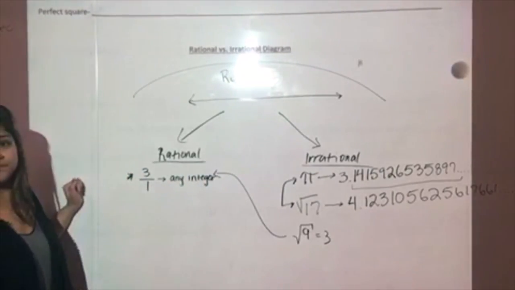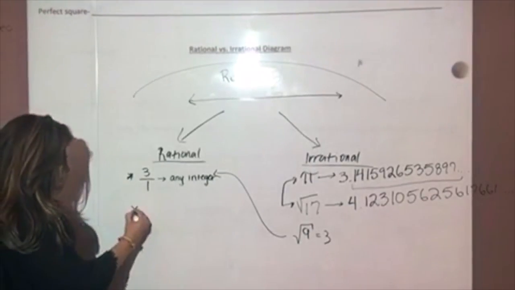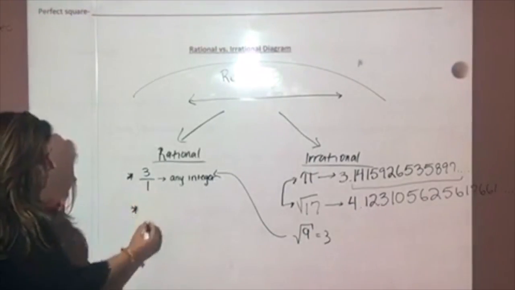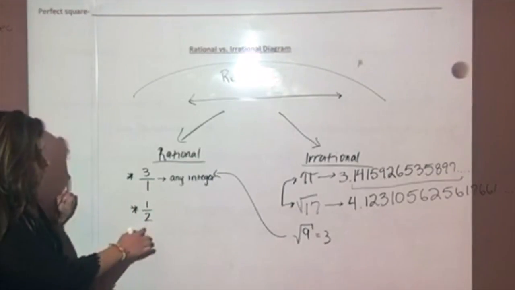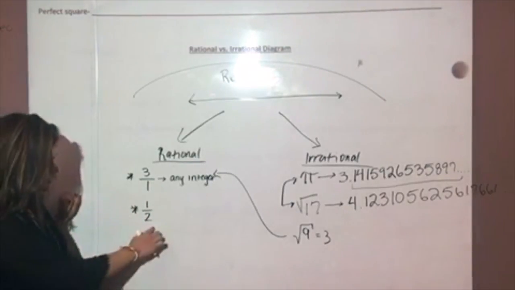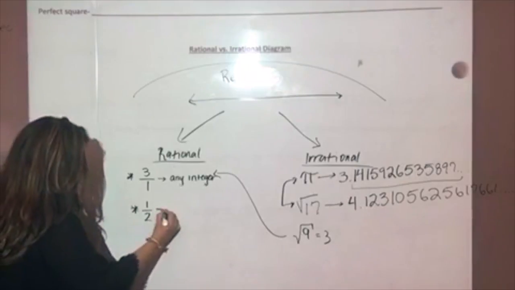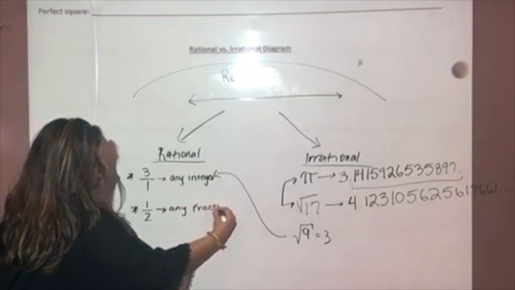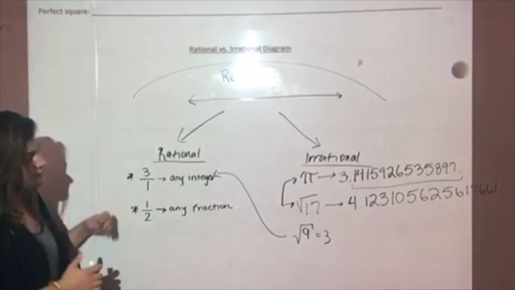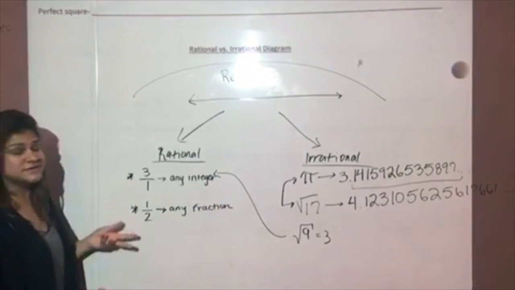is rational. That being said, not only whole numbers, but we can also have fractions, right? Improper or proper, or mixed numbers, but we don't generally like working with those. Any fraction. We should also know that fractions are simply decimals.